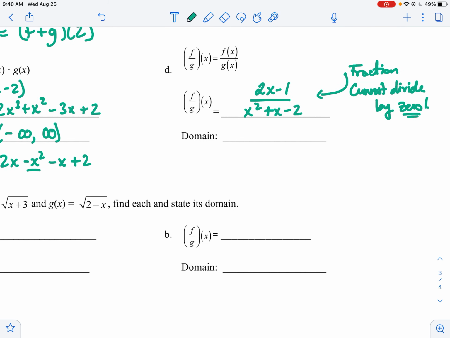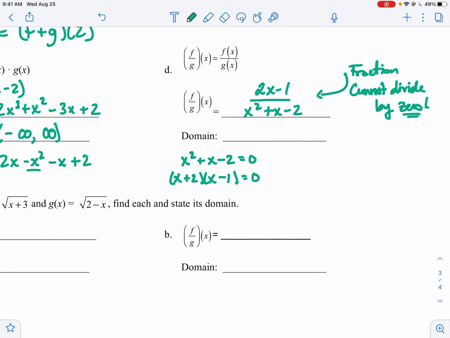Now, again, I could guess and check it probably, but I could also just think, well, what would make that quadratic in the bottom equal 0? So what's going to multiply to negative 2 and add up to 1 would be a positive 2 and a negative 1.